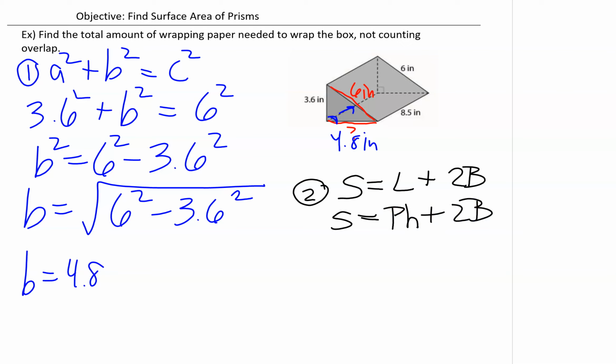All right, so the perimeter of my base is going to be, remember, the bases are the triangles. So my triangle is the base, so the perimeter of that's going to be the sum of the three sides, the 3.6 plus the 6 and the 4.8.